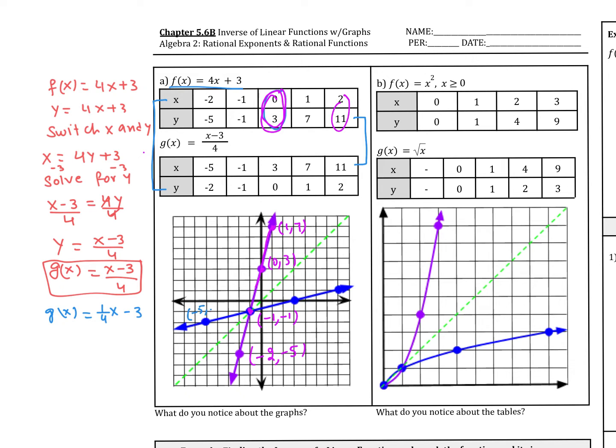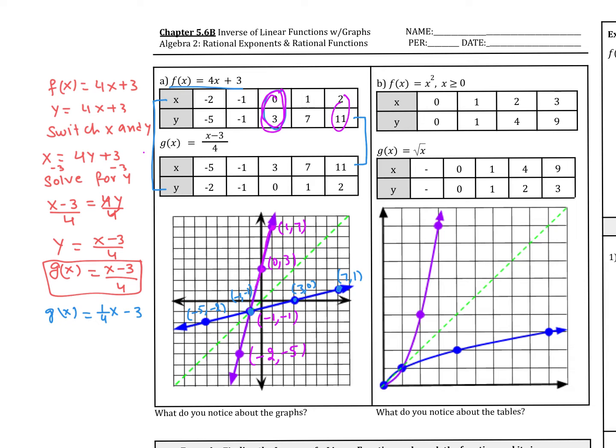The next one is -1, -1, right here, where the two graphs intersect. The next point is 3, 0, and then this point is 7, 1. So this line is the graph for g(x), and this line is the graph for f(x).